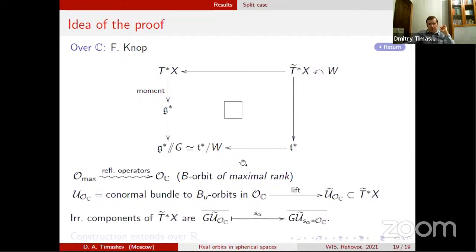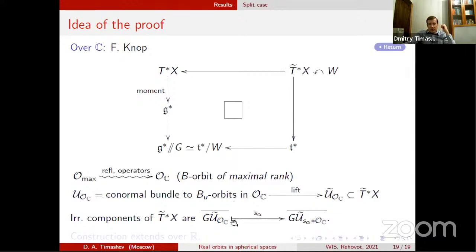What Knop proves is that the irreducible components of the polarized cotangent bundle, which are transitively permuted by the Weyl group, are actually the closures of G spans of these conormal bundles lifted to the polarization. So by means of this, we get a bijection between Borel orbits of maximal rank and irreducible components of the polarized cotangent bundle.